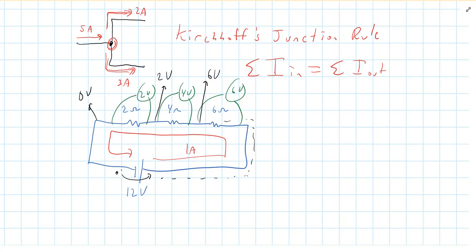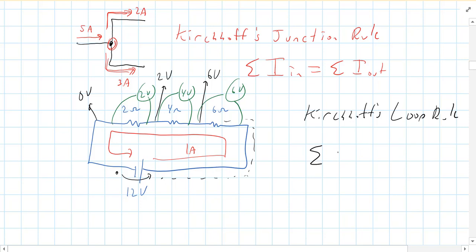Well, same thing for charges marching through a circuit. If they go up 12 volts, they have to eventually go back down 12 volts before they get back to the battery again. So that is called Kirchhoff's, I'll spell that out for us, loop rule. And as an equation, it would look like this.